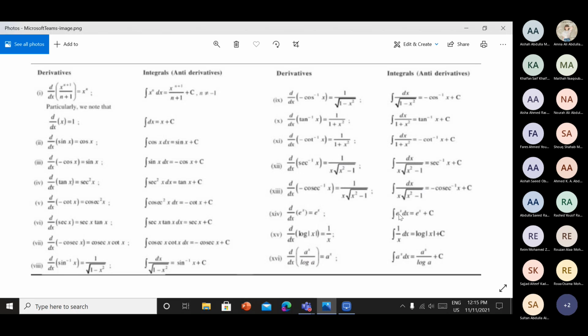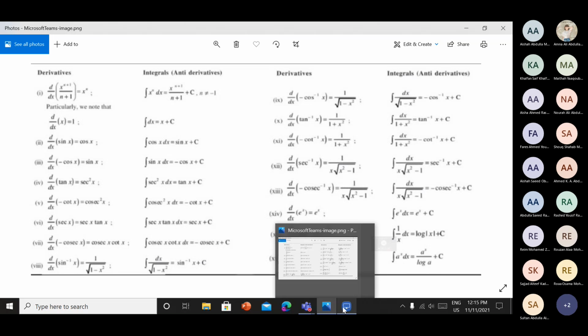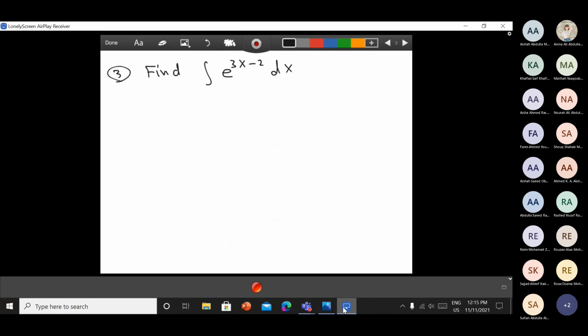So even if I have e to the y dy, I will have e to the y plus c. So I can get rid of 3x minus 2 and make the substitution, replacing 3x minus 2 by something else. I call it y, z, theta, whatever. Okay? I call it y.